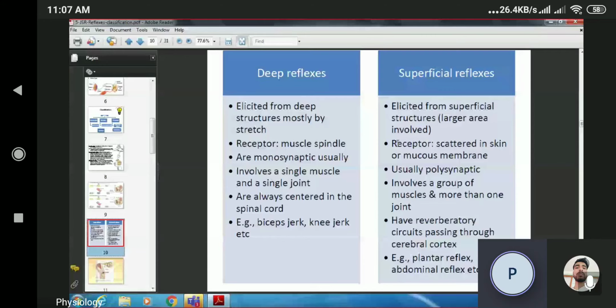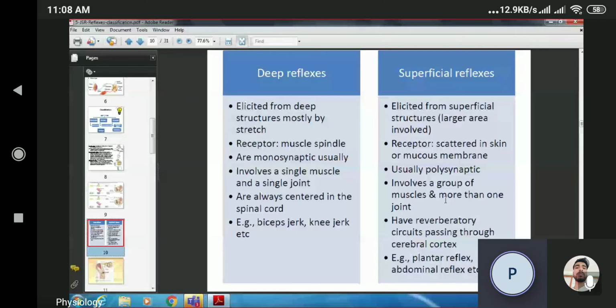Deep reflexes are monosynaptic, whereas superficial reflexes are polysynaptic. Deep reflex involves a single muscle and a single joint. Okay, remember this. Whereas superficial reflexes are usually polysynaptic. They involve a group of muscles or more than one joint.